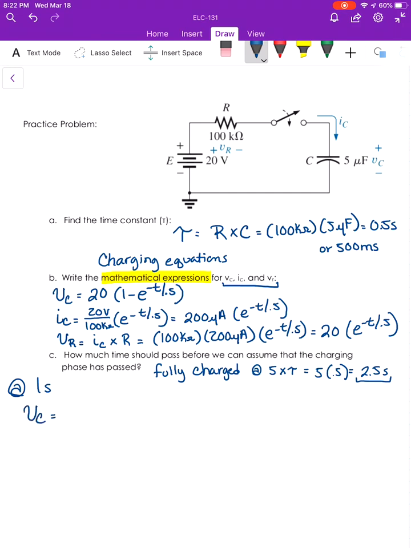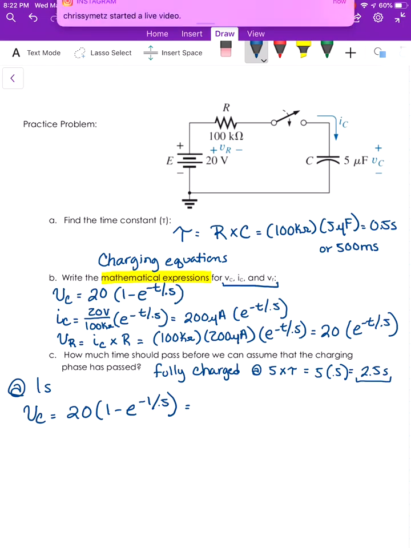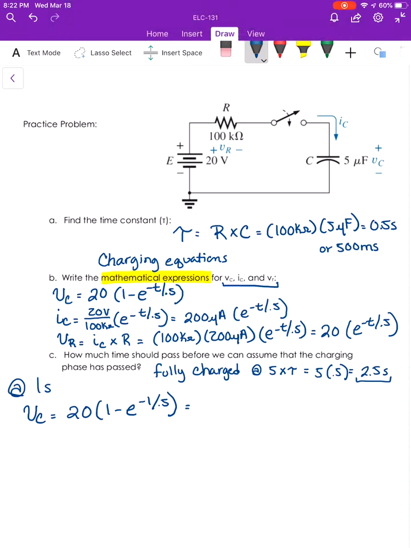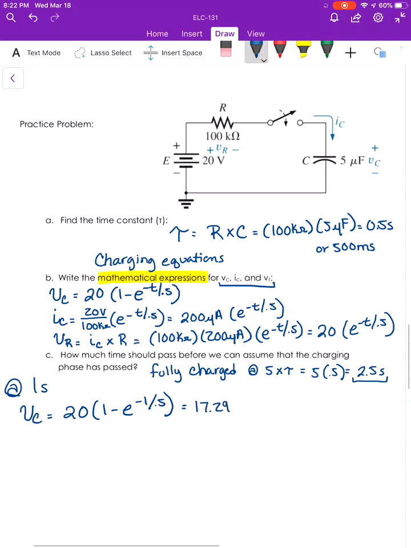So V sub C is 20 times 1 minus e to the minus 1 over 0.5. If we do the math there, we're at about 17.29 volts at that point.